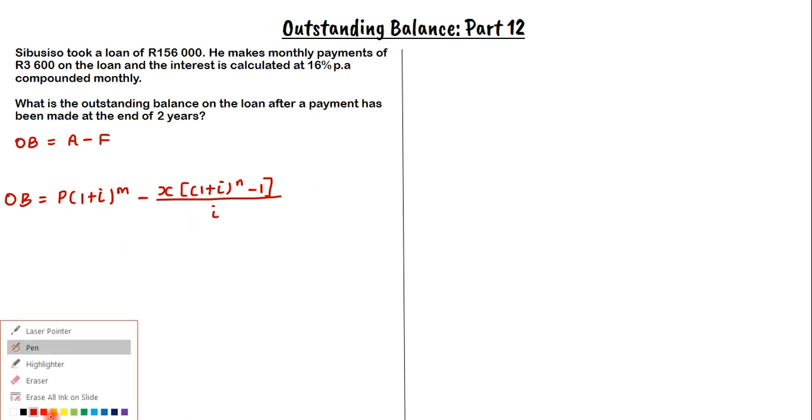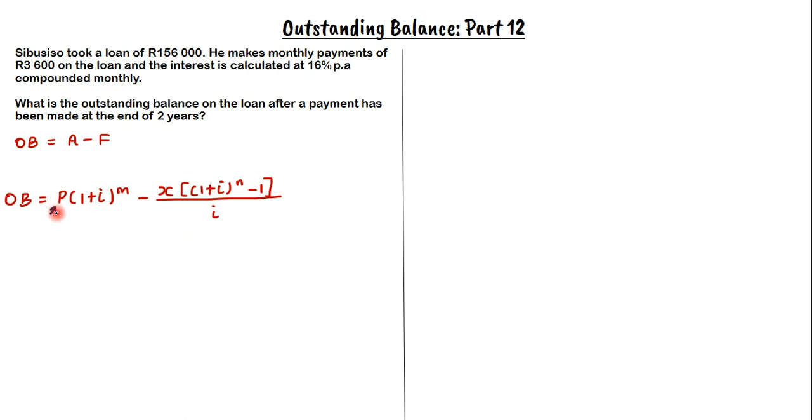Now the value for P here is the loan amount, and the values for M and N differ. Remember, this is compound interest, so M is the number of times the interest has been charged.